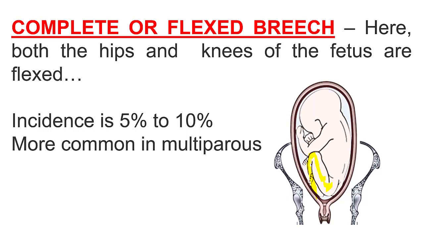So as both are flexed, it is a complete breech. And you can see that here it has a shape of C. So C for complete breech, right? Incidence is very important. It is up to 5 to 10%, and it is more common in multiparas.